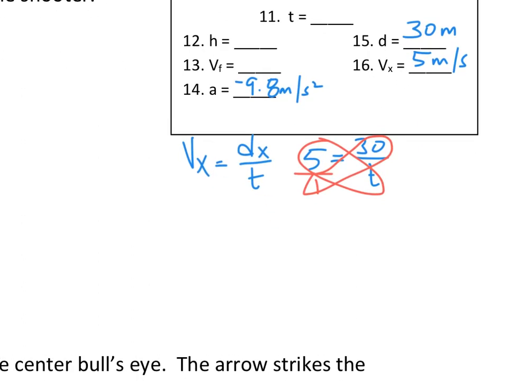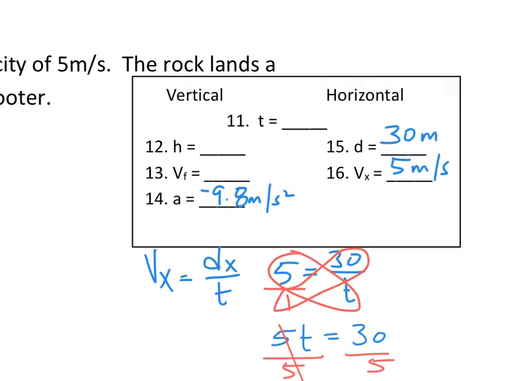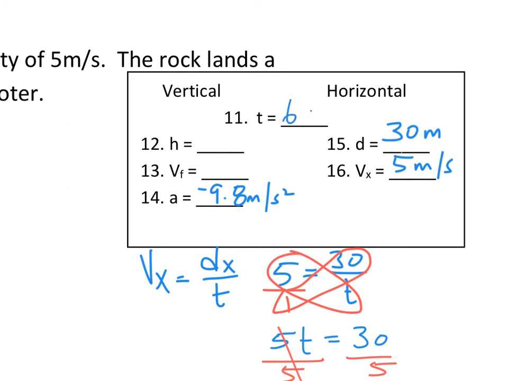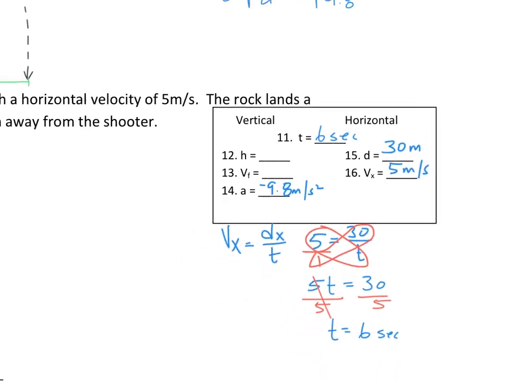So 5 times t is simply 5t. 1 times 30 is 30. Now to get t by itself, one more step is to divide by 5 on this side, divide by 5 on the right. The 5's cancel here, and I'm left with t equals 30 divided by 5, which is 6. So I get 6 seconds. I'm going to fill that in to my data table. Okay, so now all I need is the height and the vertical velocity.